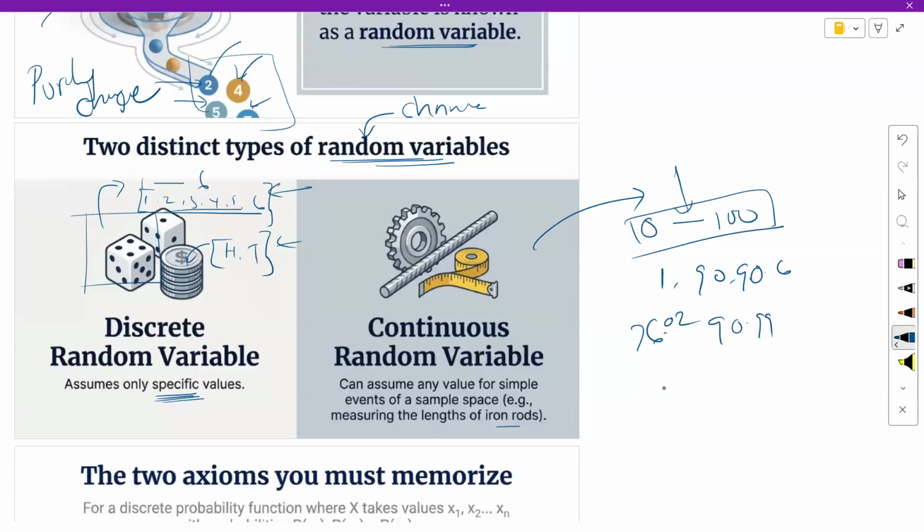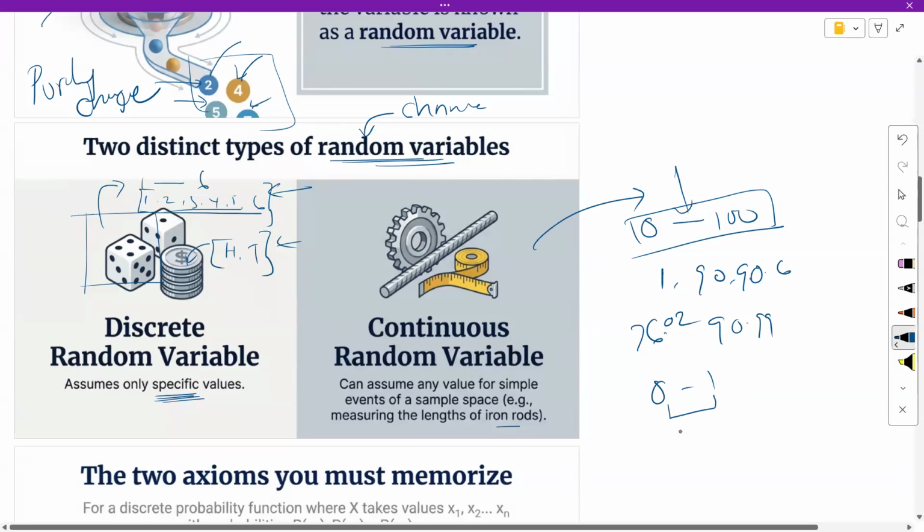Even from 0 to 1, how many values are there? Some people say 0.1, 0.2, 0.3. Some people write 0.0001, 0.00000009.